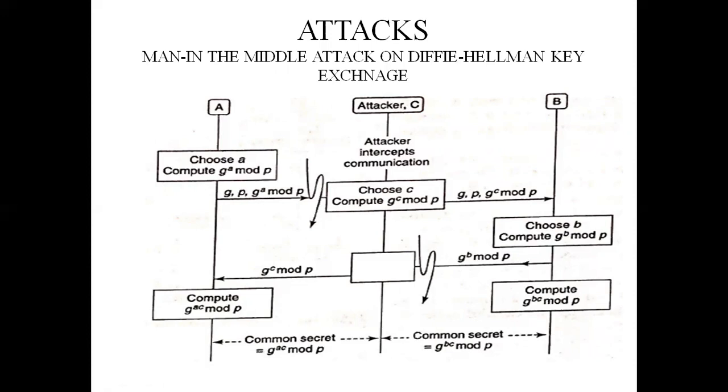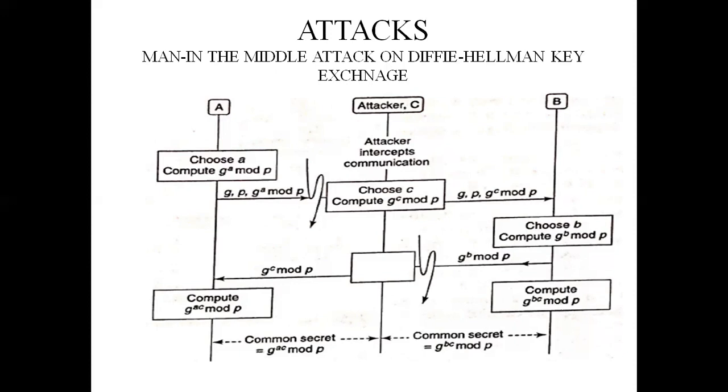Instead, A shares the secret key G^AC mod P with C, and B shares the secret key G^BC mod P with C. In reality, this attack is possible because B believed that the partial key G^C mod P was received from A, and A believed that the partial key G^C mod P was received from B. They neglected to authenticate the source of the partial keys they received.